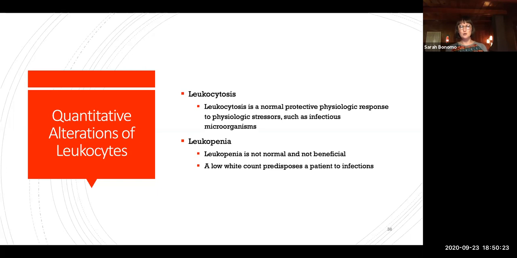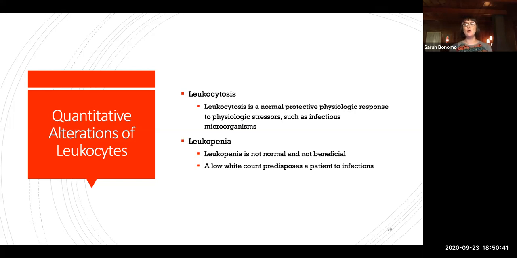So leukocytosis refers to an increased number of leukocytes. That is what we see when we run a complete blood count and the white blood cell count is elevated. We call that leukocytosis.